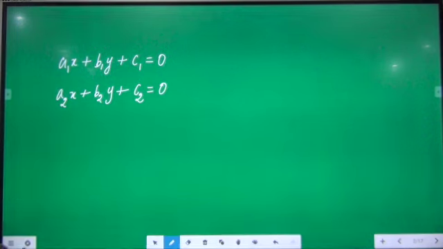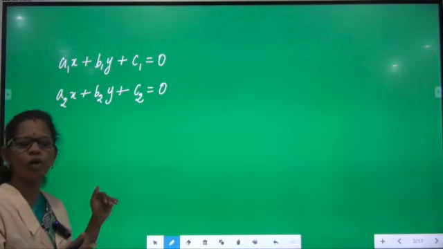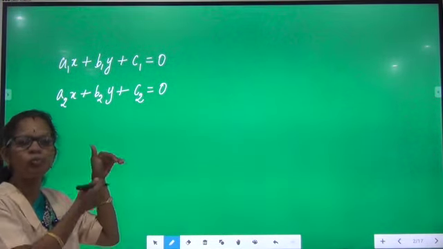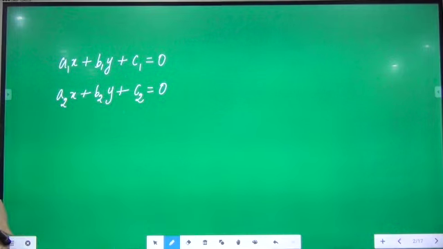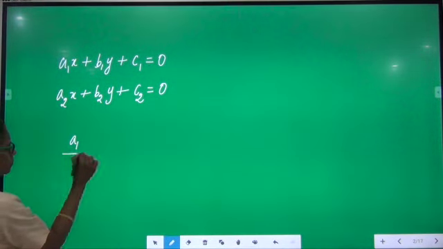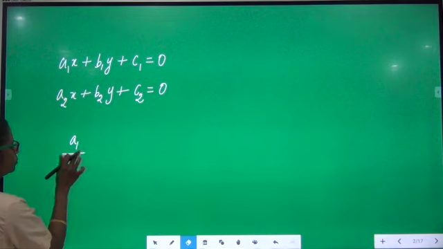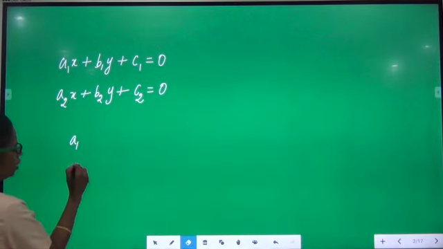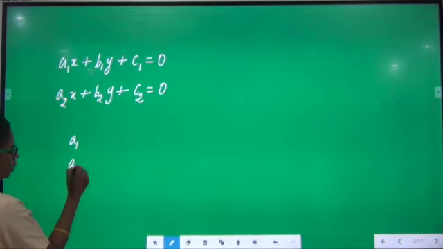You are going to write it in terms of matrices. First you have to collect the coefficients of x and write them column-wise: a1, a2.